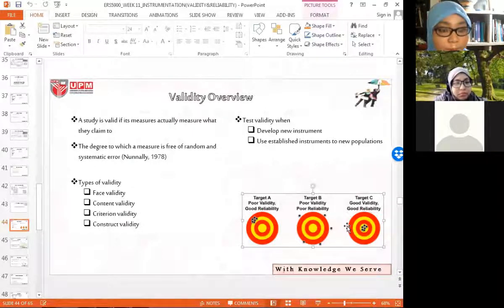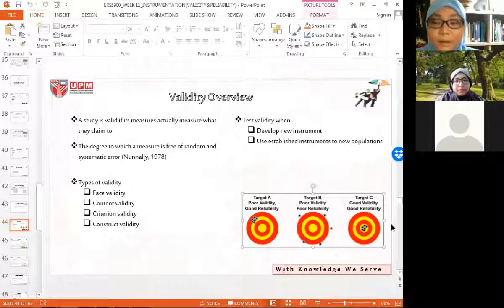So for the second situation, it indicates poor reliability, meaning that the items are inconsistent. They measure different things. And then poor validity, for sure, because it is not located at the middle, it is spread all over the board.